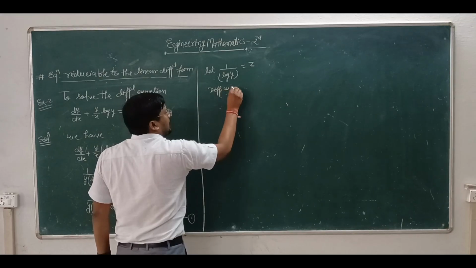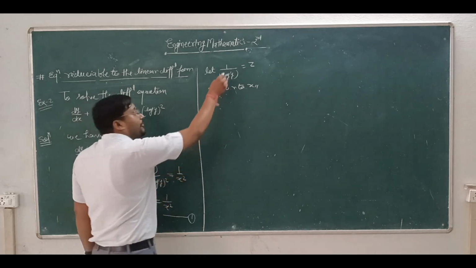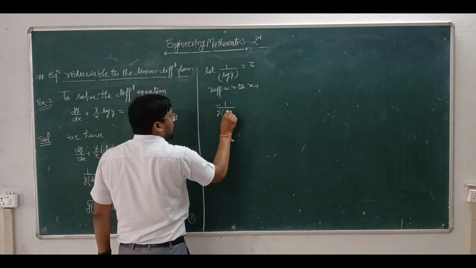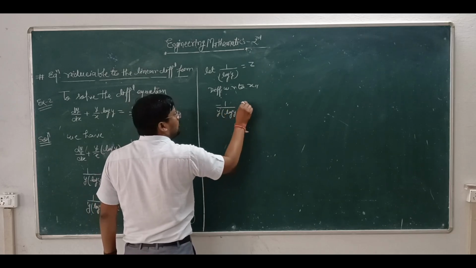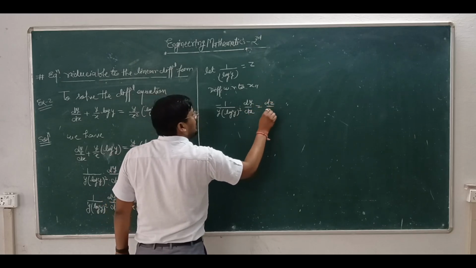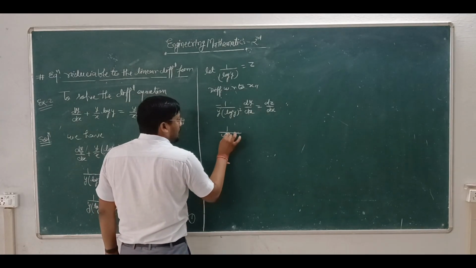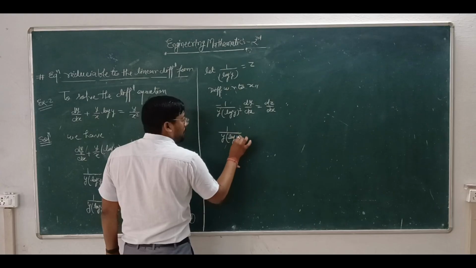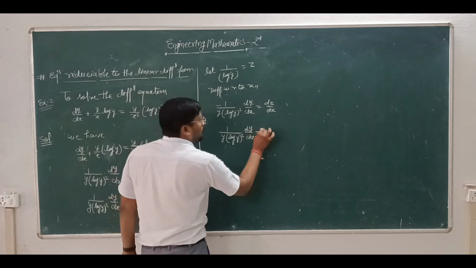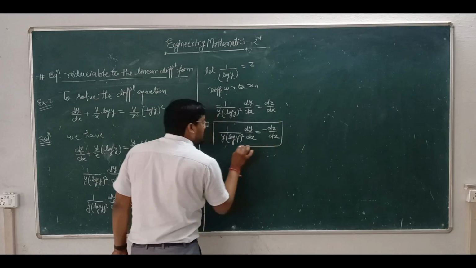Now differentiate with respect to x. First you can find the derivative of 1/log y. This means -1/(y (log y)²) dy/dx = dz/dx. Now you can write 1/(y (log y)²) dy/dx = -dz/dx.